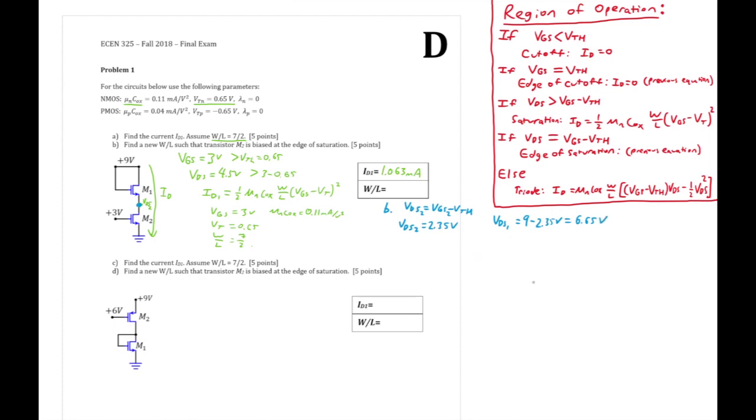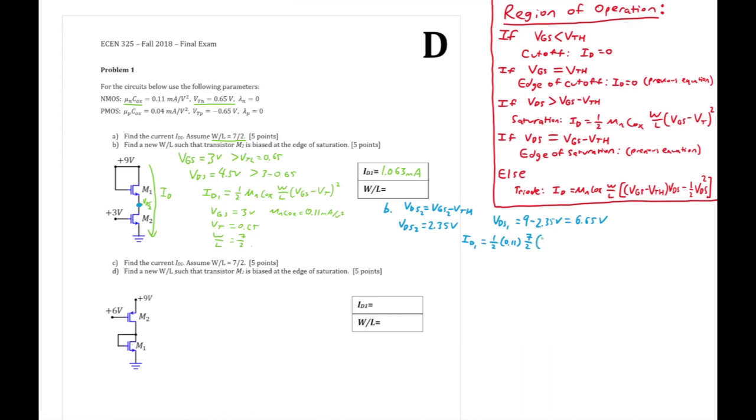Okay, and then we are making the assumption that our W over L value for M1 is still 7 over 2, as that is not changed. We're trying to find the W over L value for M2. So this means that we have everything we need to solve for our current, ID1, because that is equal to 1 over 2. Our mu n COX is 0.11. Our W over L is 7 over 2.